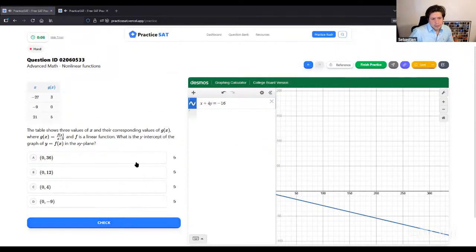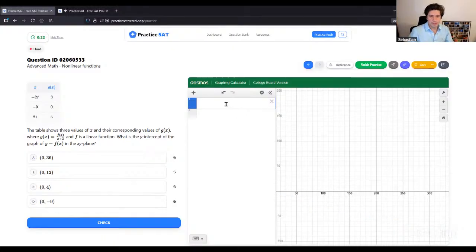A table shows 3 values of x and the corresponding values of g of x, where g of x equals f of x over x plus 3, and f is a linear function. What is the y-intercept of the graph of y equals f of x in the xy-plane? There are a lot of ways to do this, but let's see if we can do it with this.